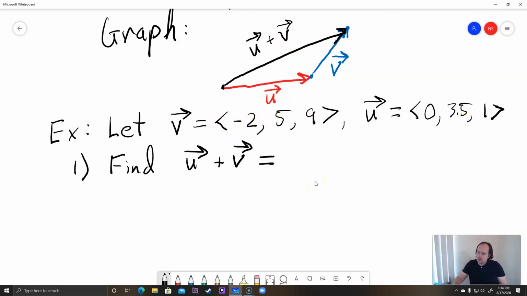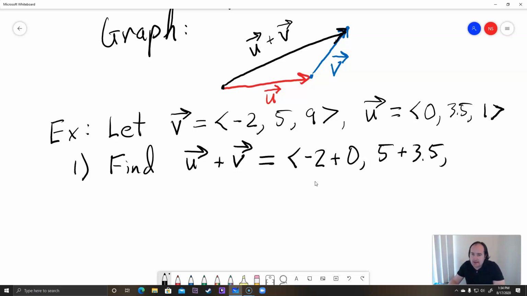which means for u, you have 0, and then for v, you have negative 2. So adding these components, we're going to get negative 2 plus 0. That's adding the first components. And then the second components, we get 5 plus 3.5. And then adding the last components, we get 9 plus 1.